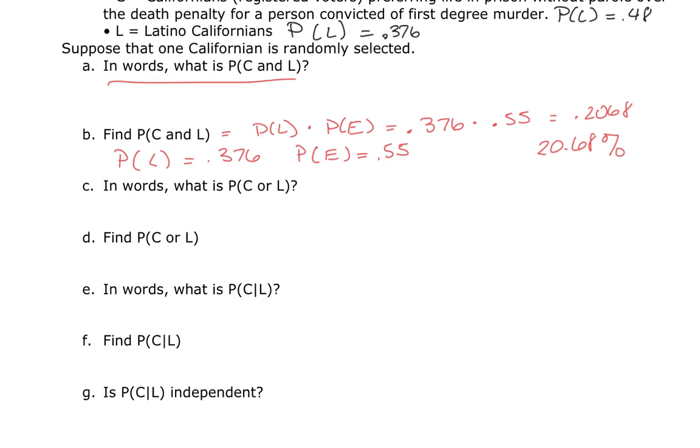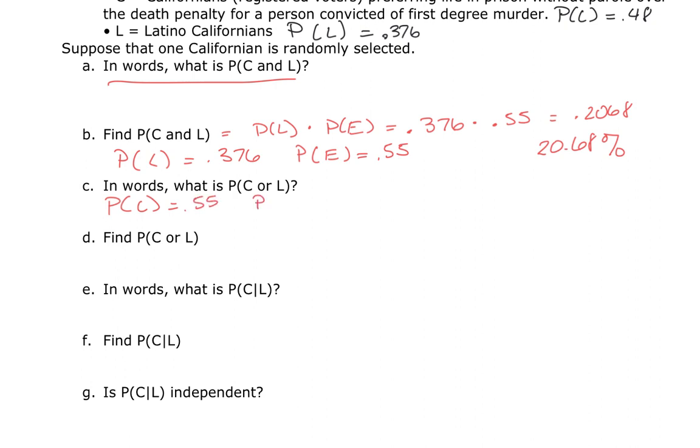Okay, now, what is C or L? Well, C means that they're a registered voter preferring life in prison without parole over the death penalty, or they're a Latino. So the first thing I need to do is find that intersection, right? We know the P of C was 0.55.